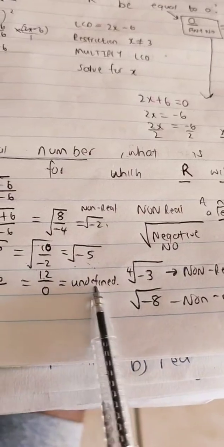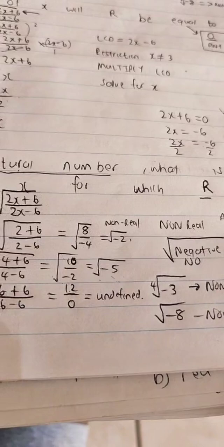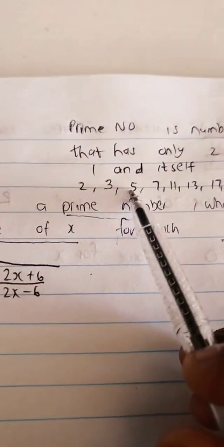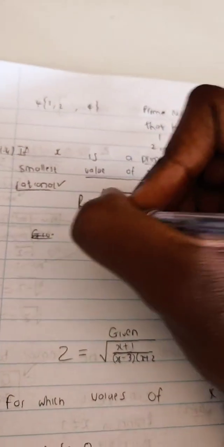It is not going to be the smallest prime number which will give me a rational number. So I'm going to have to go up my list and check 5 out. Let's go and check 5.